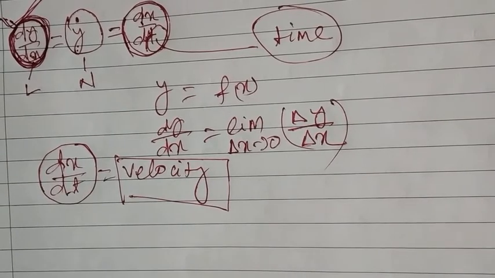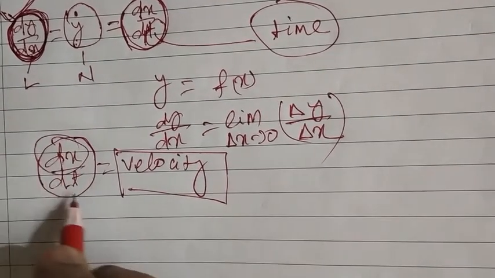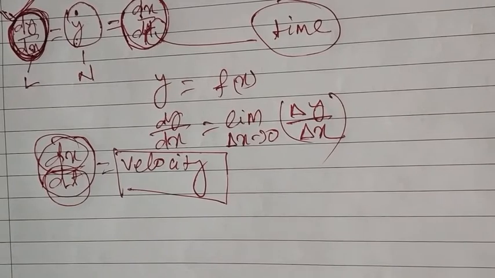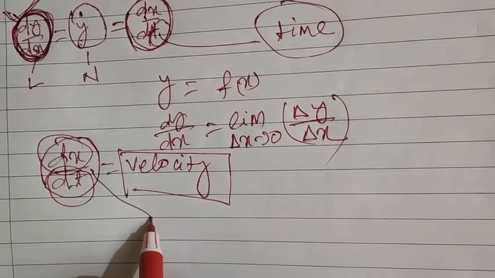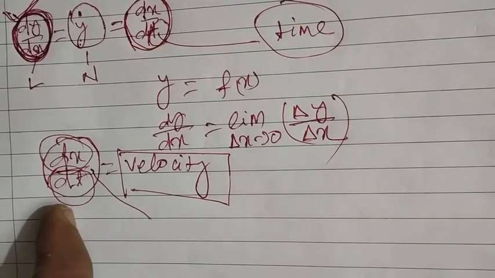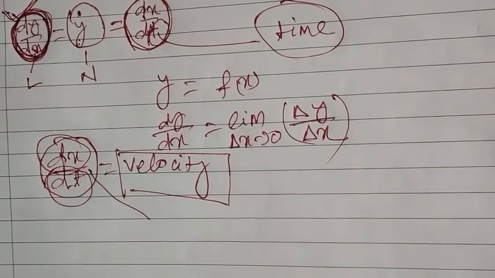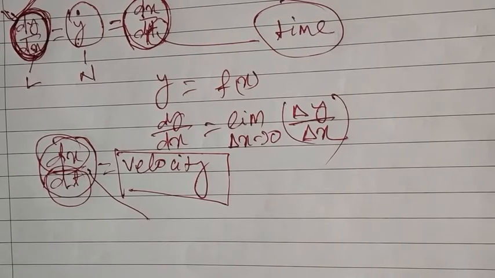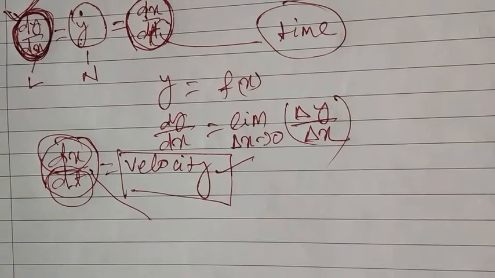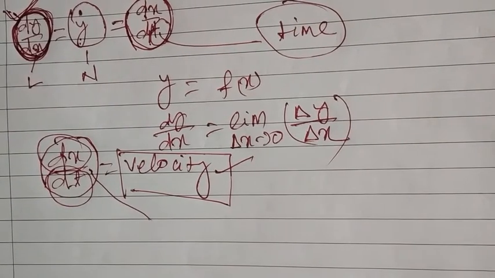I cannot separate these two. Why can I not separate these two? Because this is the instantaneous velocity. If I separate, I will get the average. And average velocity I cannot find using differentiation. We find only the instantaneous velocity or instantaneous acceleration using calculus.